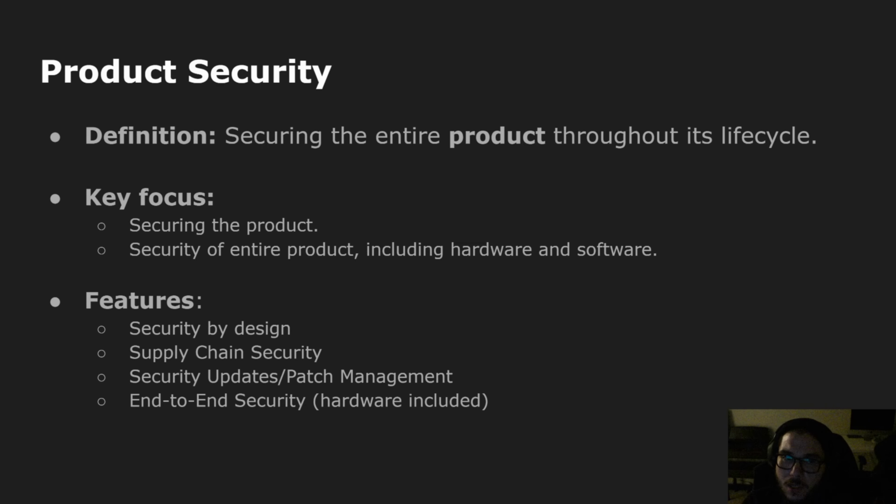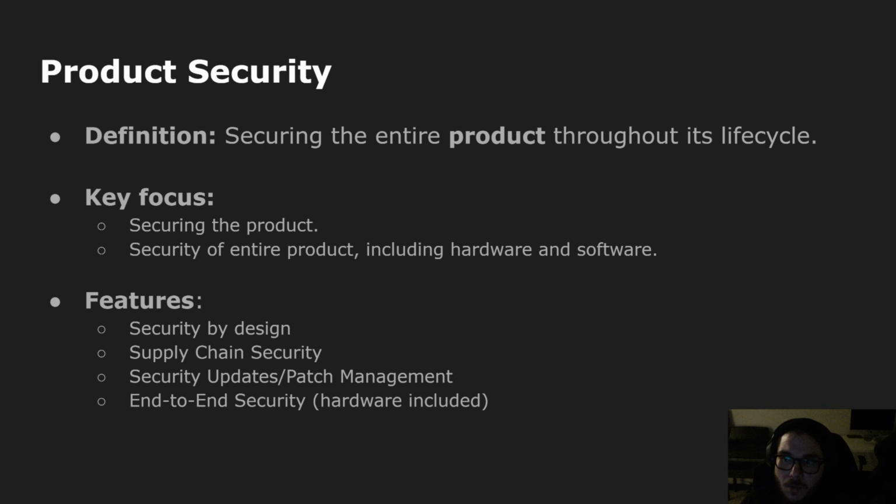So product security is more of a broader topic. It's much more involved. It extends beyond just the code to involve the security posture of the entire product. This includes a comprehensive approach focusing on protecting the product throughout its entire life cycle. The key elements of product security include security by design.